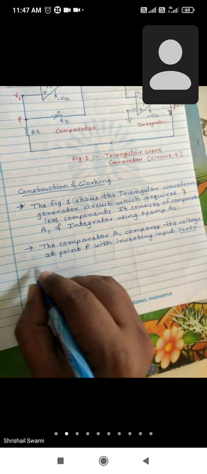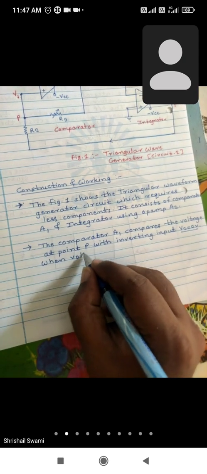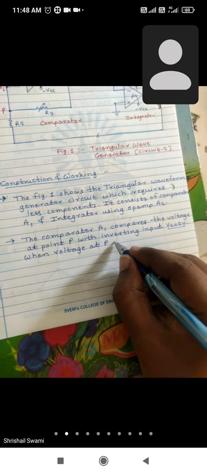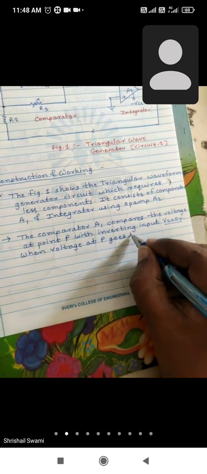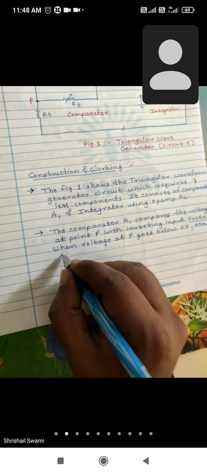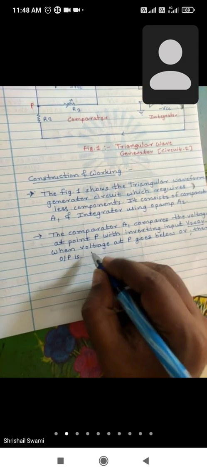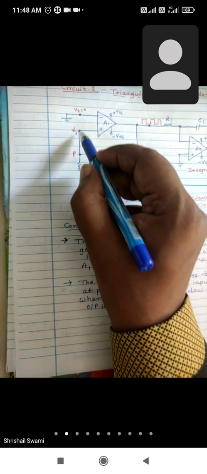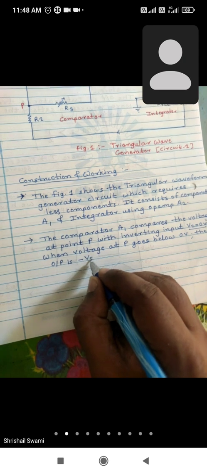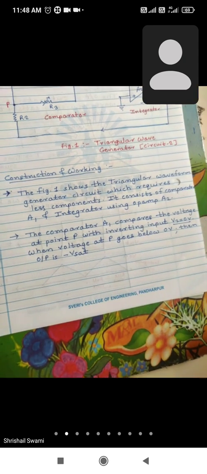Next, when the voltage at P goes below 0 volt, then the output is minus Vset.